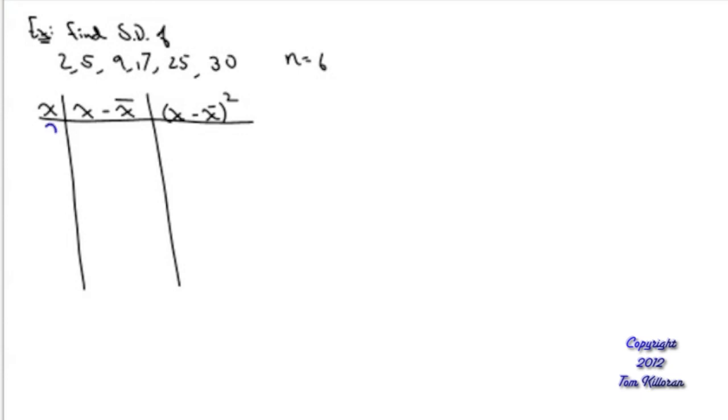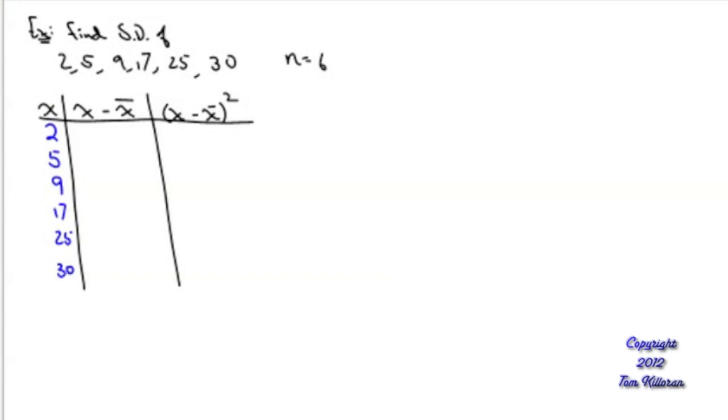So let's see here. This is 2, this is 5, this is 9, 17, 25, and 30. Now, before you can even do this problem, you have to find the mean, because I need x bar. So, how do you find the mean of 2, 5, 9, 17, 25, and 30? Add them all together and divide by 6. Where does 6 come from?